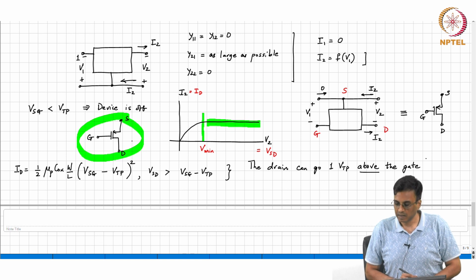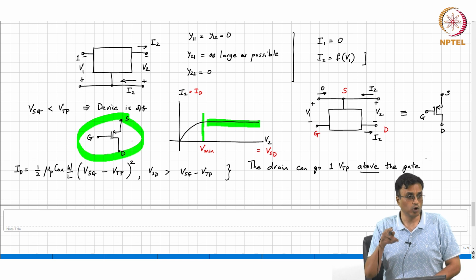In the NMOS transistor, what was this? The drain can go one VTN below the gate.